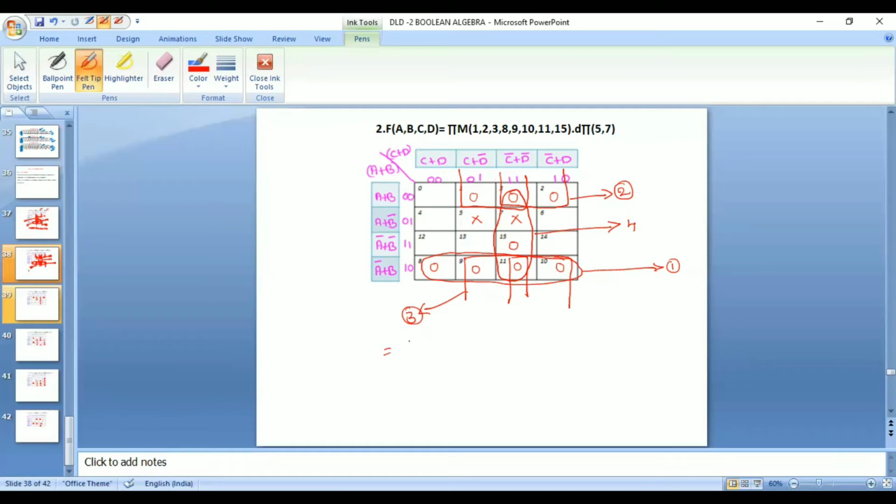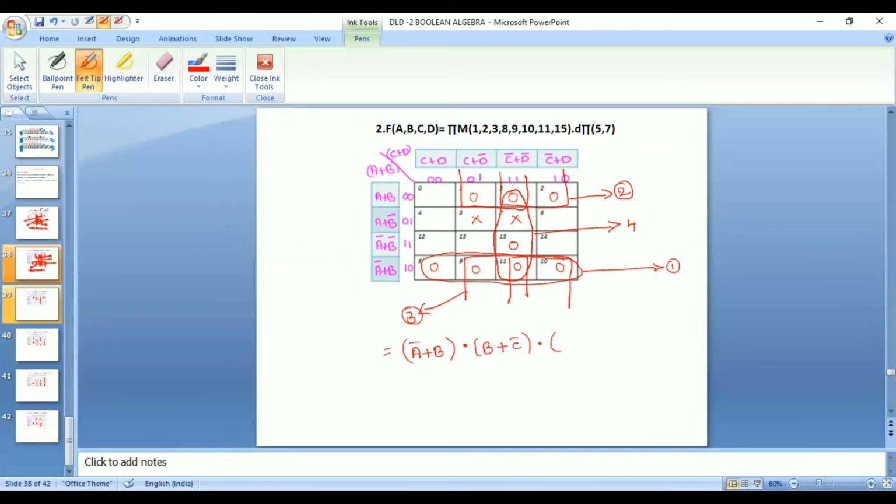Next, write the expression directly here. The first one is 8, 9, 11, 10. The expression is A bar plus B, into, come to the second one, 2, 3, 10, 11. Horizontally the common term is B plus vertically the common term is C bar.